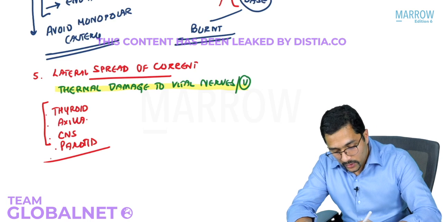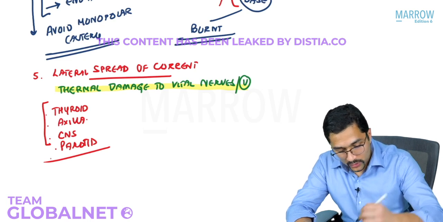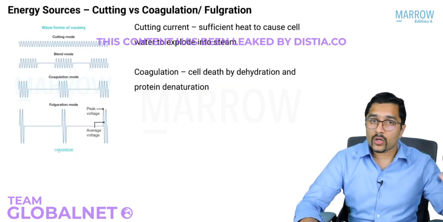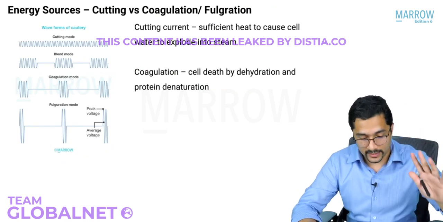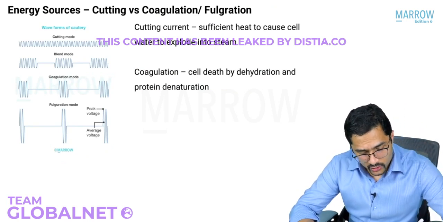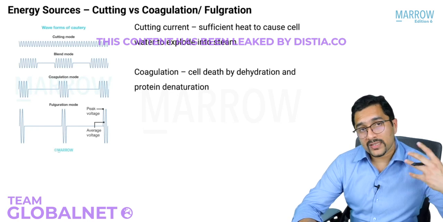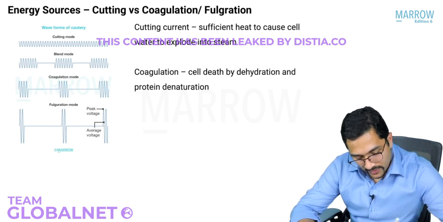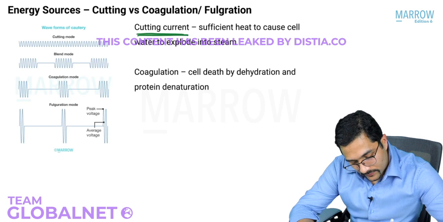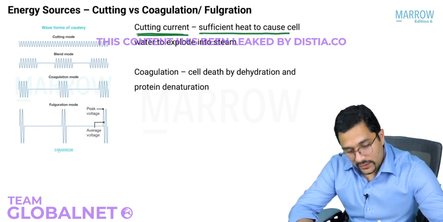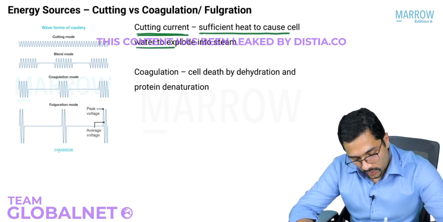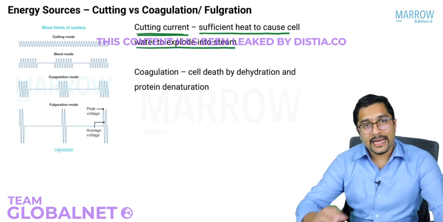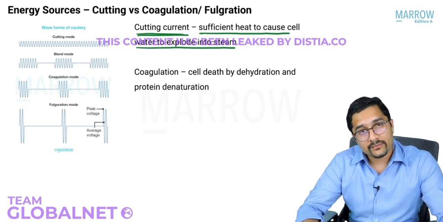Now in a monopolar cautery, I showed you that there can either be cutting or coagulation, right? Two things can happen. So you should also know the waveform, because this has also been asked in the exam. Now the cutting current, we generate sufficient heat to cause cell water to explode into steam, and that is what causes cutting.